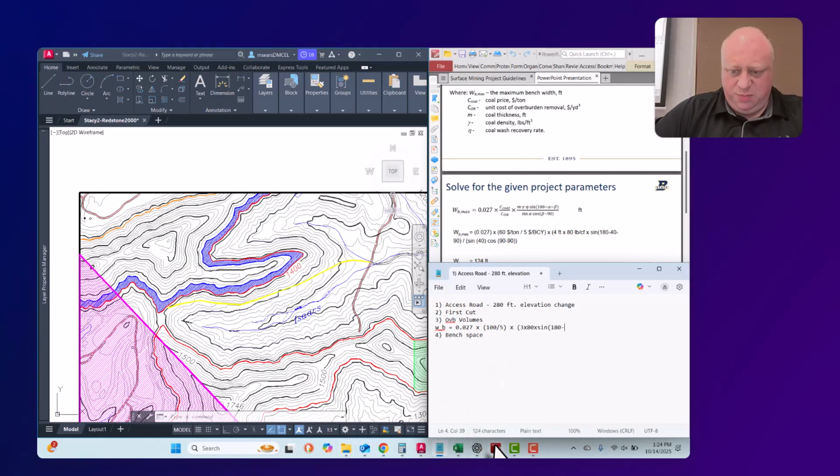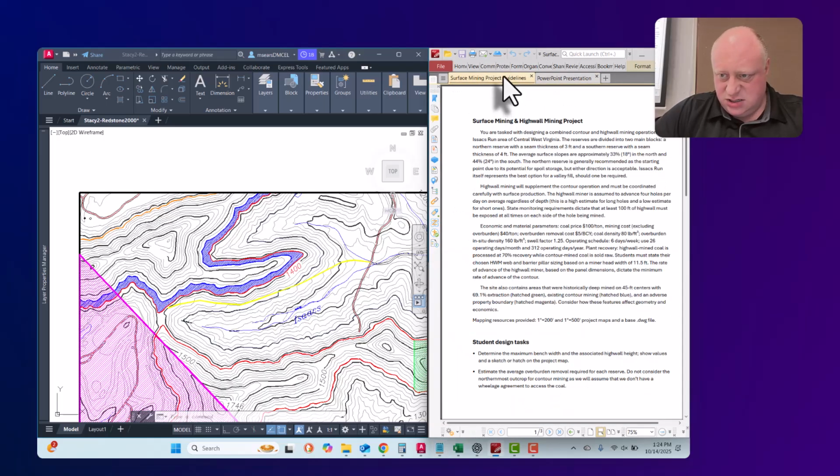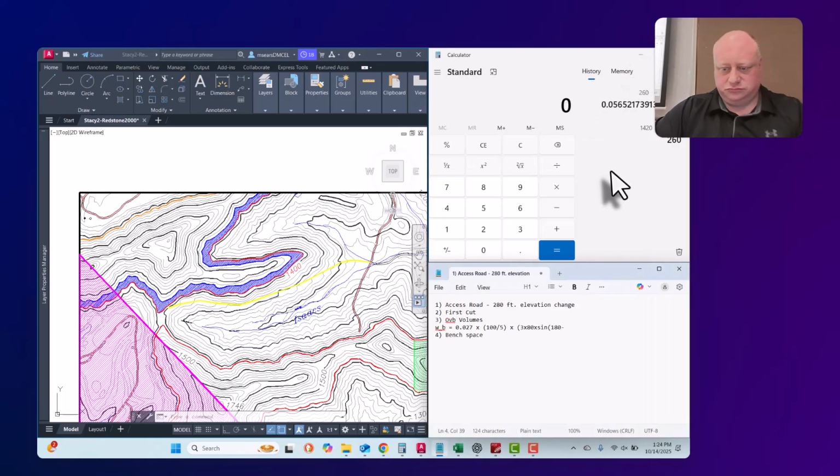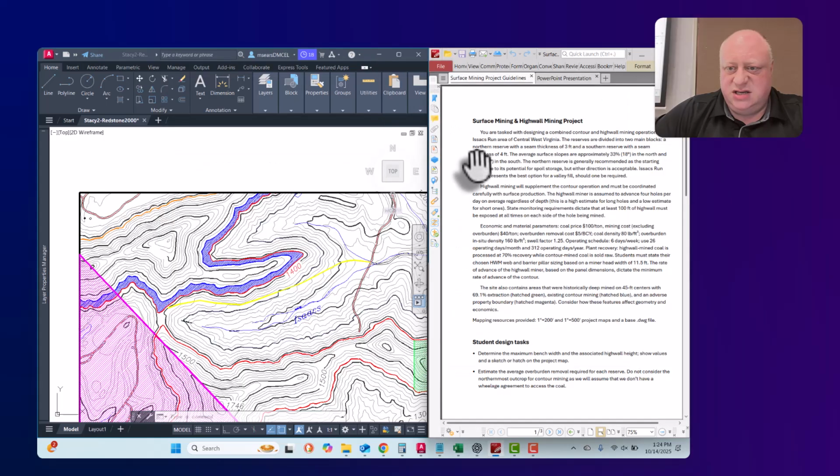And our slope is, because I forget, 18 degrees in the north. So we're going to subtract the 18 degrees then 90 from that, and then we'll divide by whatever it says.